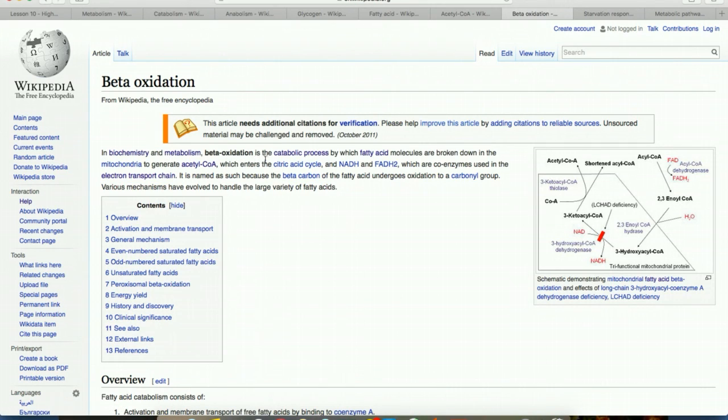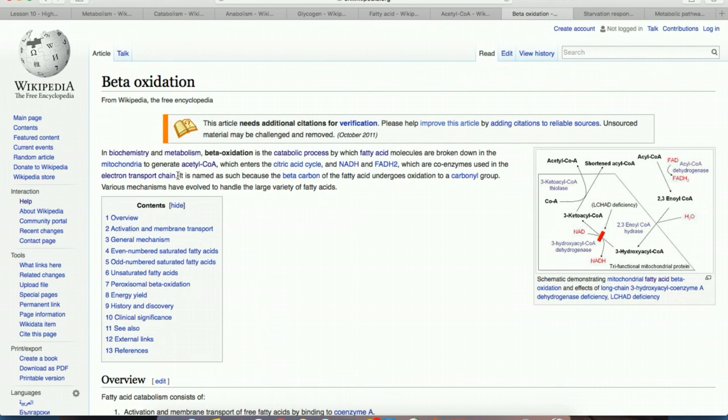Beta oxidation is the catabolic process, catabolic meaning to break down, by which fatty acid molecules, the long chains of carbon molecules, are broken down in the mitochondria to generate acetyl-CoA, which enters the citric acid cycle, and NADH and FADH2, which are coenzymes used in the electron transport chain.